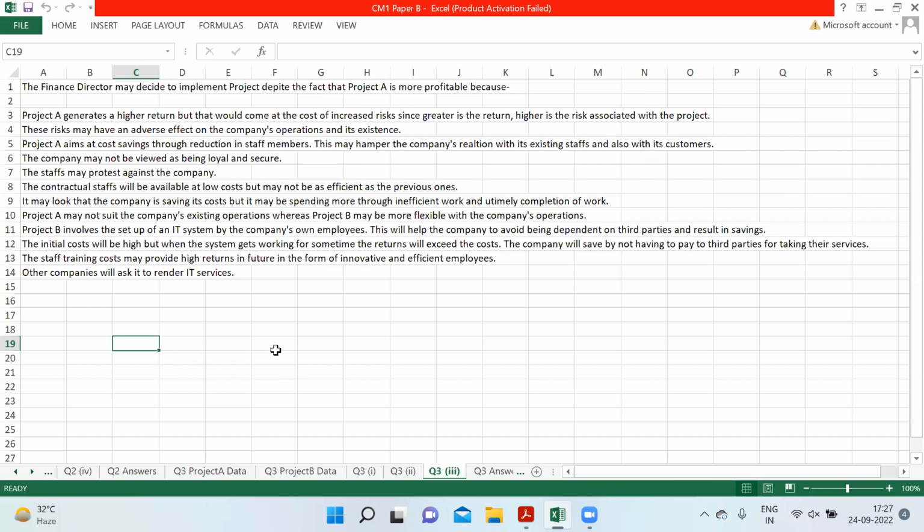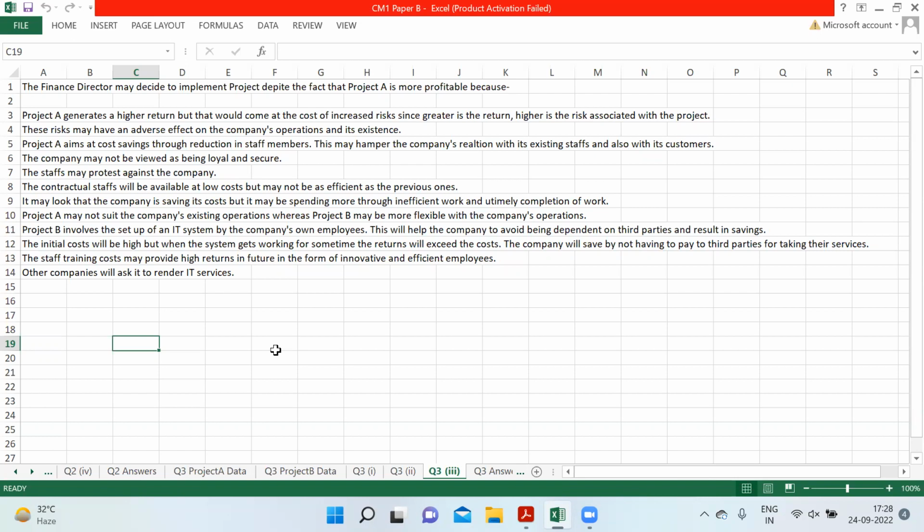Okay, but project B does not have reduction in staff members, and project B involves IT setup by the company's own employees, so that will save costs on outsourcing to a third party, and so on. All these are independent and will be more profitable for the company in the long term rather than the short term. So yes, the finance director may decide to choose project B.